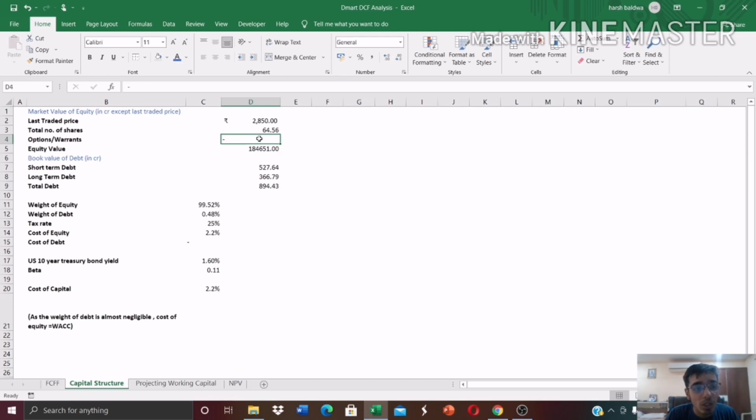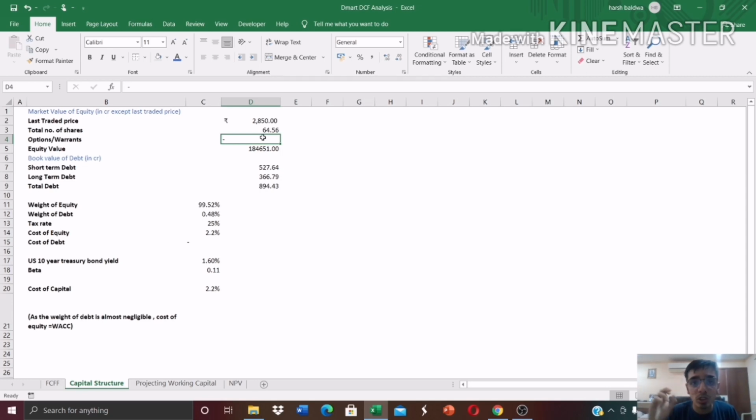Now when would the employees want to exercise their options? They will exercise their options only when the price at which they are allowed to exercise the option is less than the current market price. Let's say they are allowed to exercise the option at 2700, so they will go ahead and exercise it, because if they buy the share in the market, it's costing them 2850, but through the option it's costing them only 2700, right?